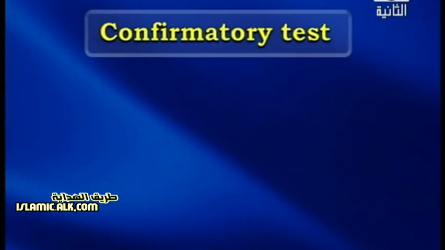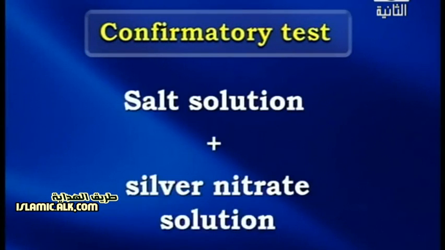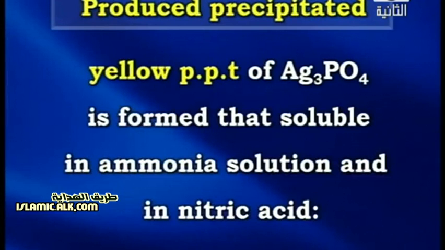Now we are going to discuss the confirmatory test. Here, the salt solution plus silver nitrate solution. The produced precipitate is a yellow precipitate of silver phosphate, which is soluble in ammonia solution and in nitric acid.